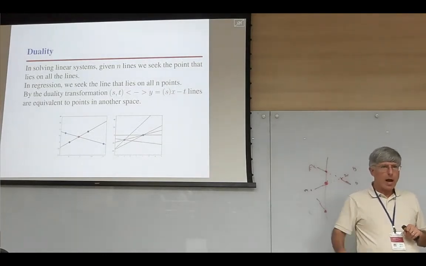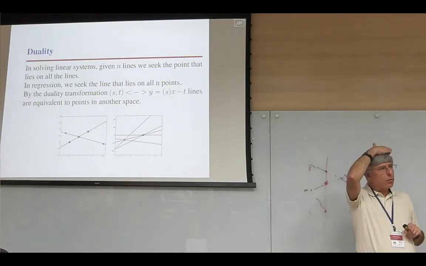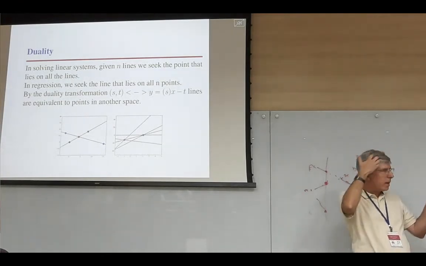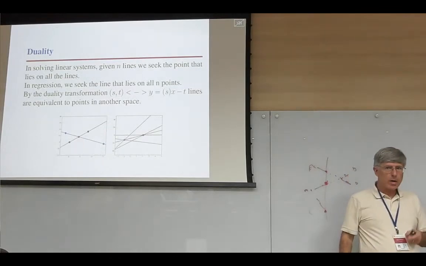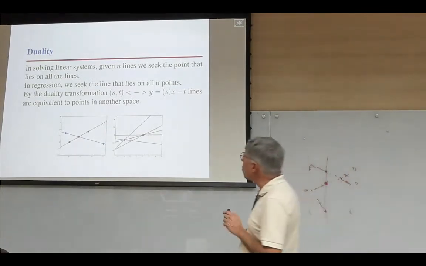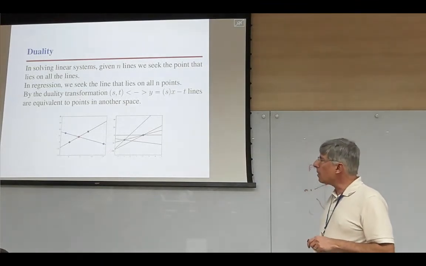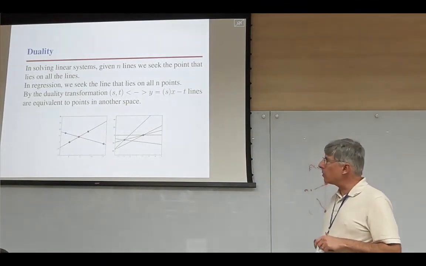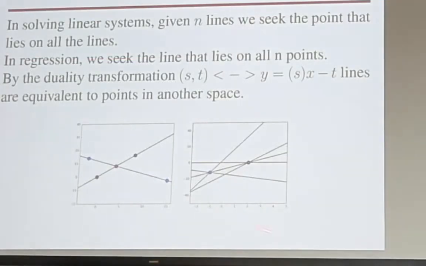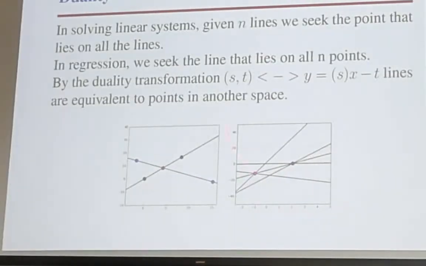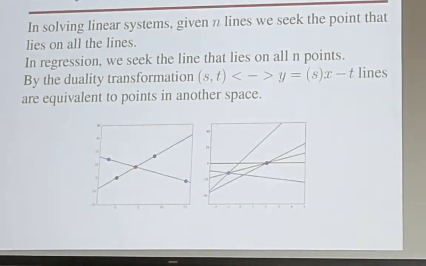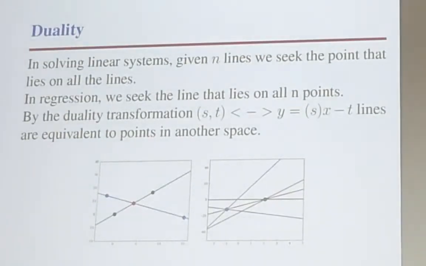This is a very, very useful trick if you can see it and understand it, because it gives you another way to look at problems. Sometimes a geometric problem in this space can be converted into a geometric problem on that space such that one of them you know how to solve. And if you know how to solve one of them, solve that one, and then just dualize the answer back.